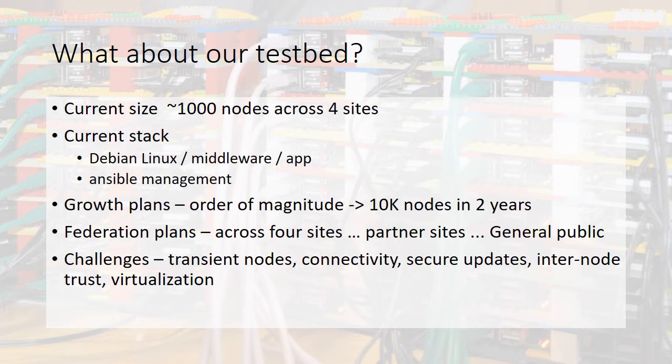And we have various middleware layers we can put on top to run different applications. We're planning in the next year or so to grow to 10,000 nodes, and all these nodes are distributed across different universities and federated together. And there are various challenges in managing and monitoring and reconfiguring this test bed.